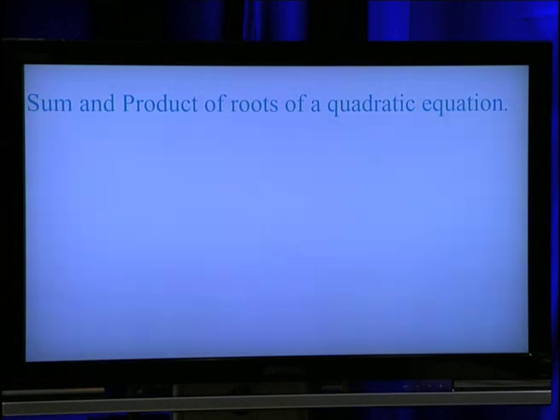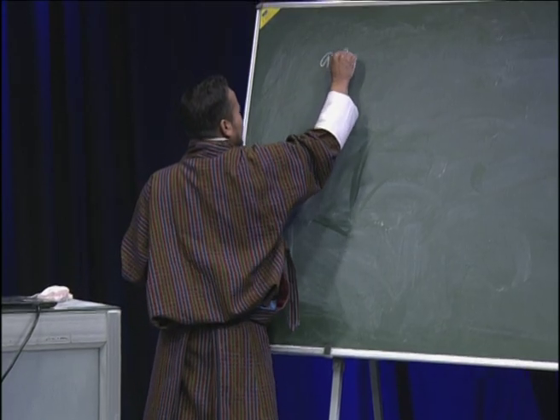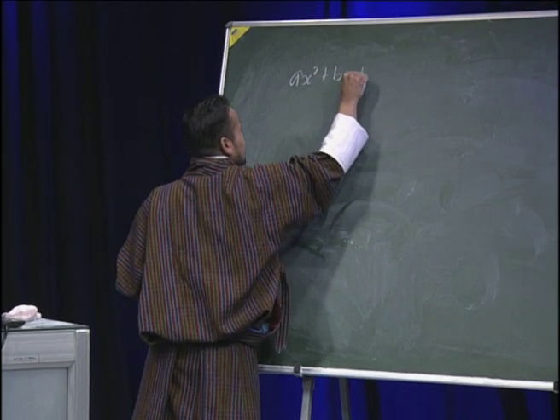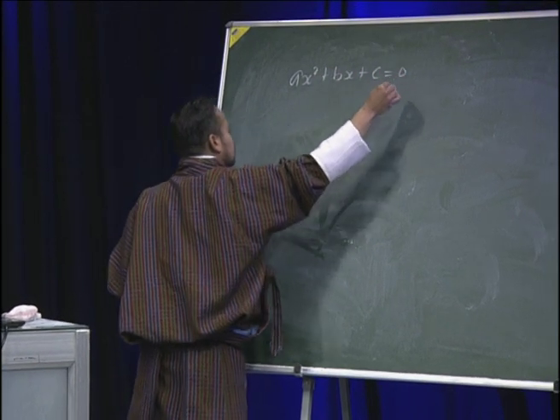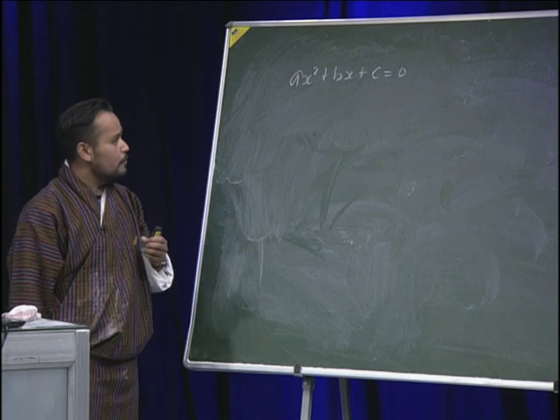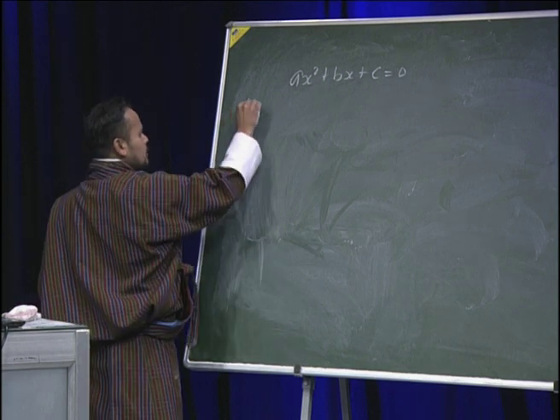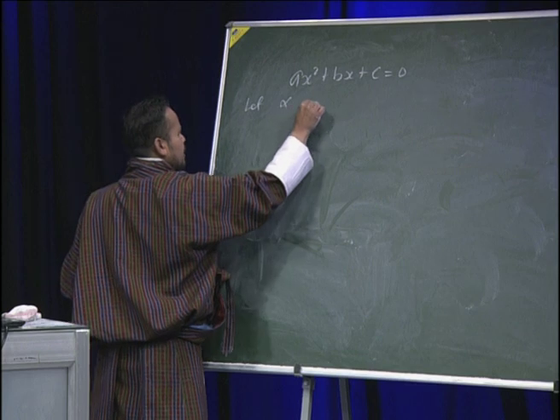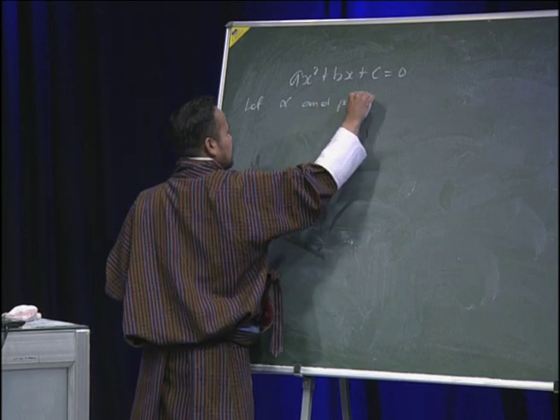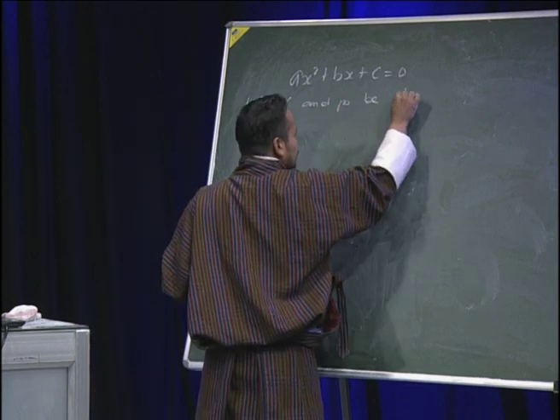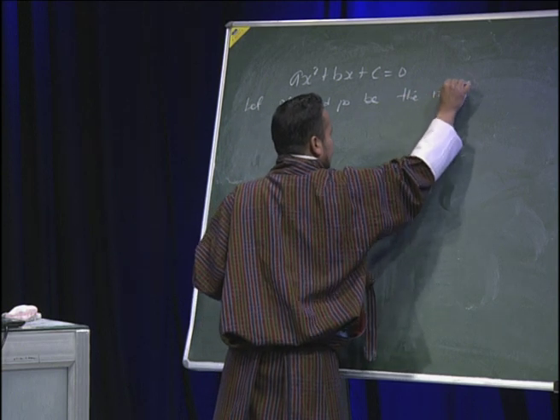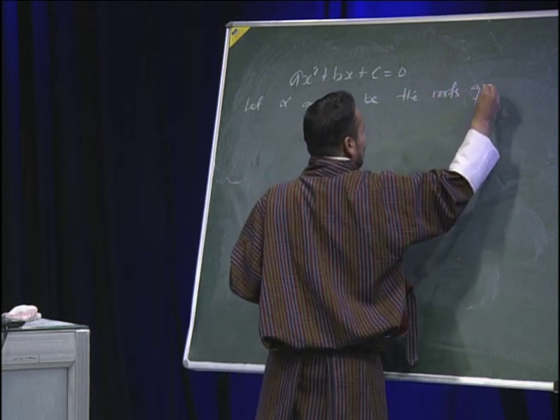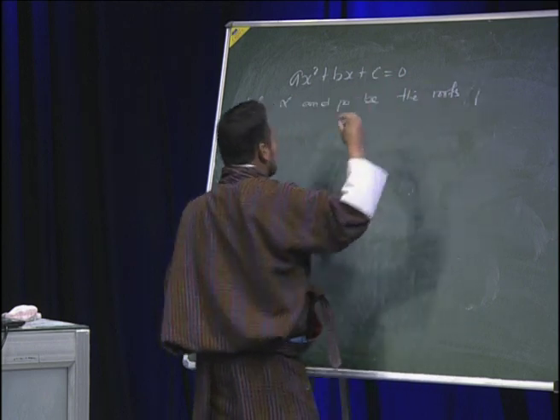Now let me teach you how to find the sum and product of roots of a quadratic equation. Again, let me assume the quadratic equation ax square plus bx plus c is equal to 0, a quadratic equation in standard form. Let alpha and beta be the roots of this equation.